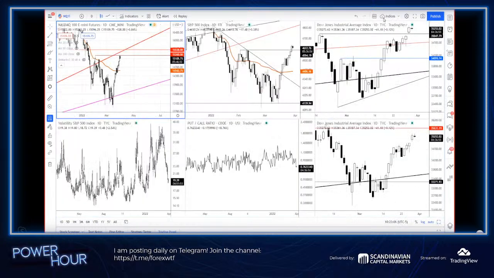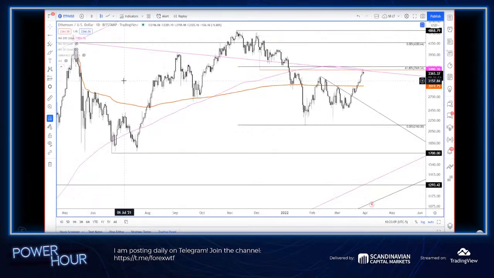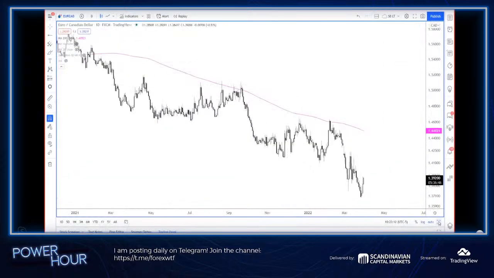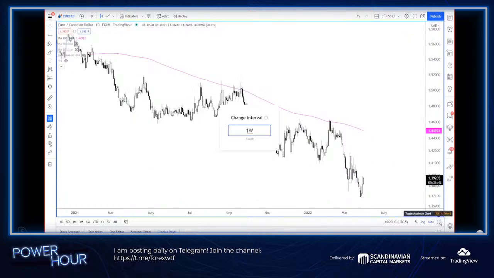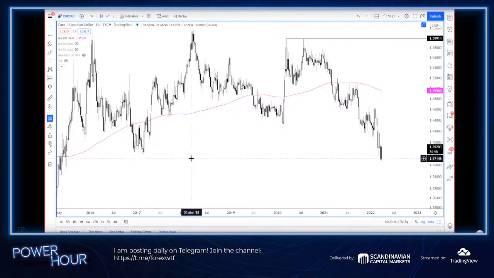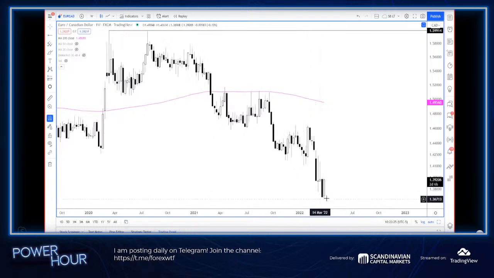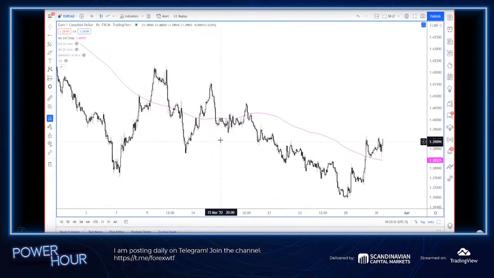All right. There are some interesting crosses out there. Like Euro CAD, we're going to put in a really big weekly reversal this week as well, right? We appear to be rallying in a kind of impulsive fashion on the upside.